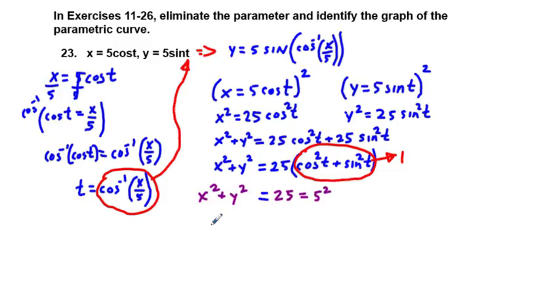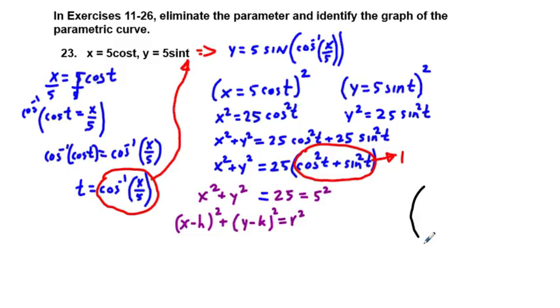So this is an equation for a circle, and the standard form is quantity x minus h squared plus quantity y minus k squared is equal to r squared. So we know that our radius is 5.